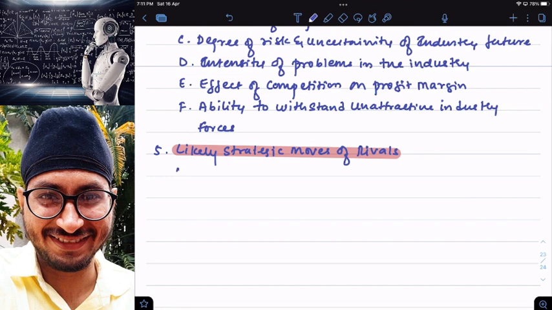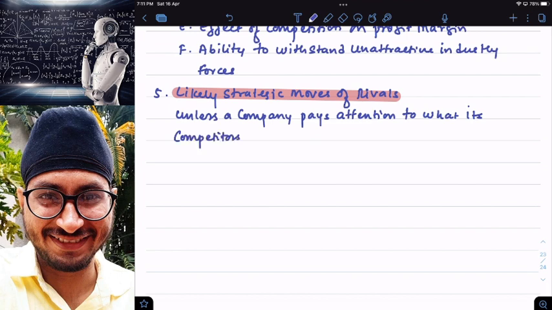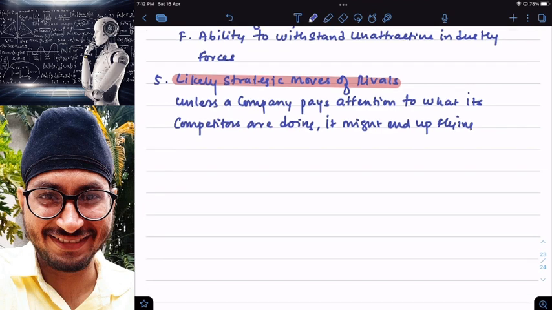It means unless a company pays attention to what its competitors are doing, it might end up flying blind into a competitive battle.